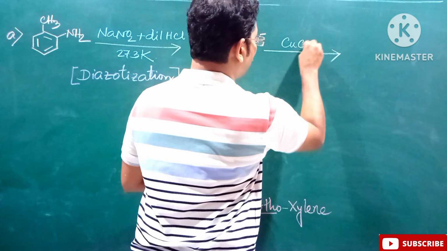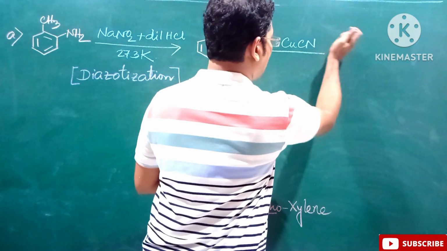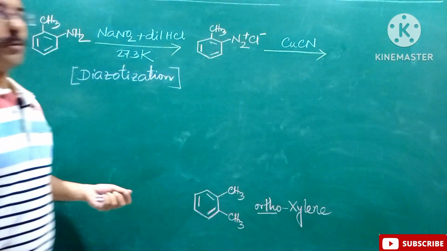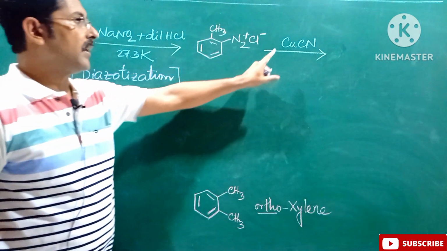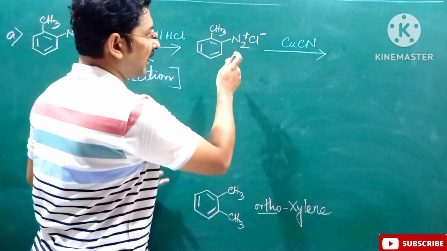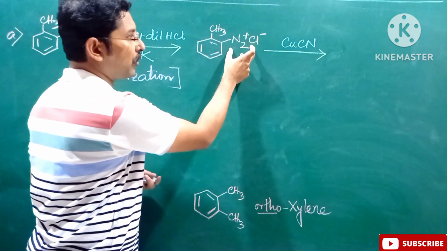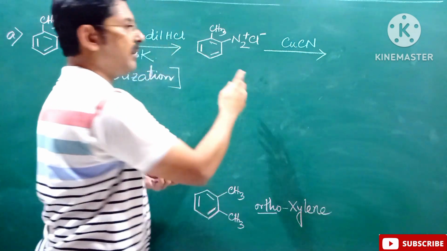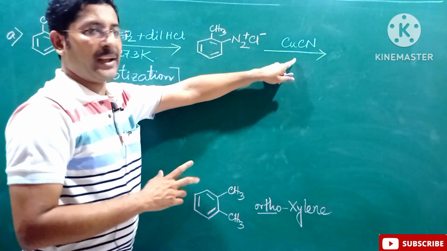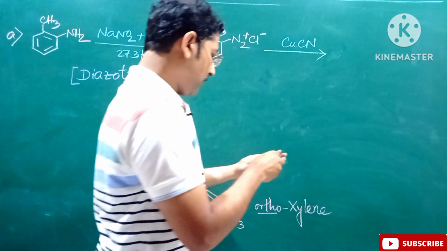Cuprous cyanide, right? Now, what will happen? The name of the reaction is the Sandmeyer reaction, because in the Sandmeyer reaction, this diazonium salt in presence of cuprous cation is converted into the cyano or halobenzene, right?